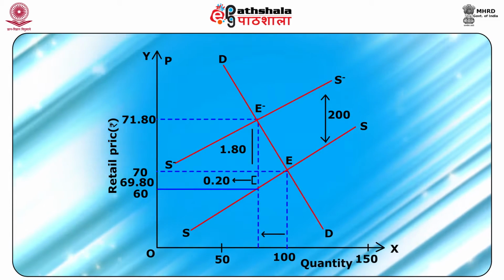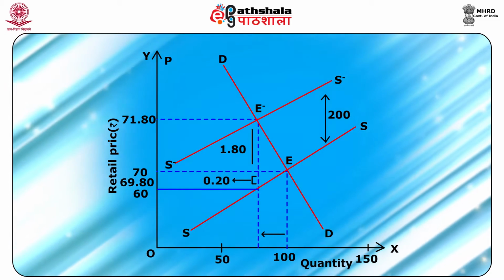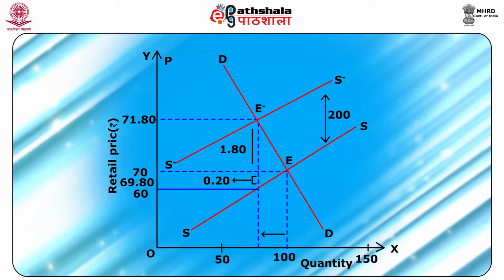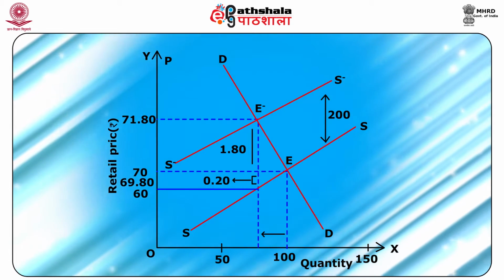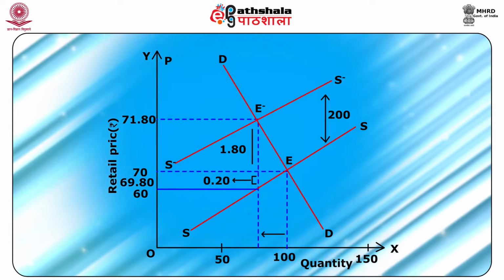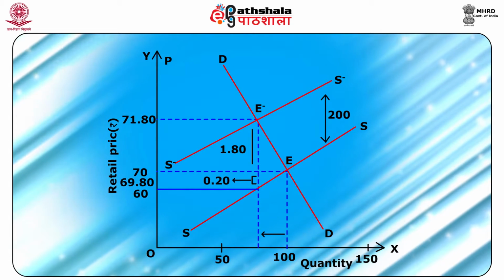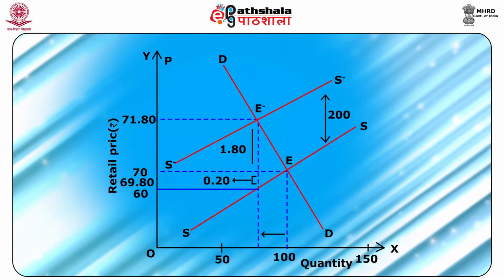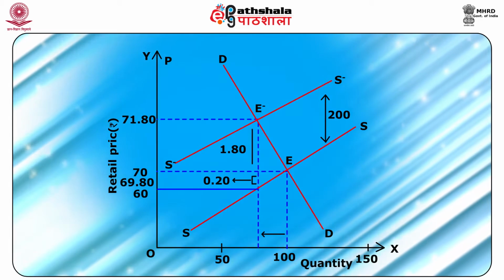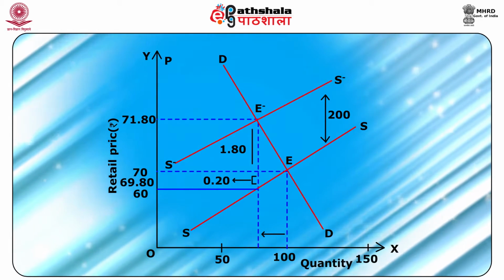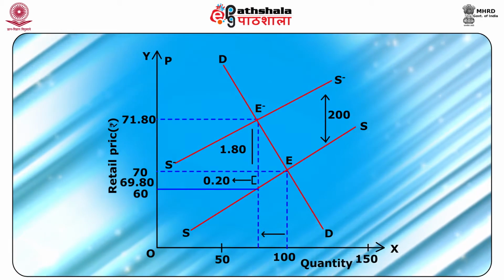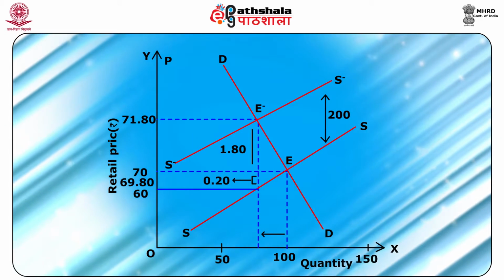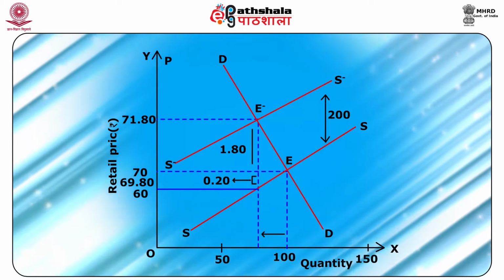When the marginal cost increases, you would notice that the supply function is going up from SS to S prime S prime. The demand curve remains the same, that is DD, and the intersection of the demand and supply functions take place respectively. The original intersection is at point E and the new intersection is at point E prime.